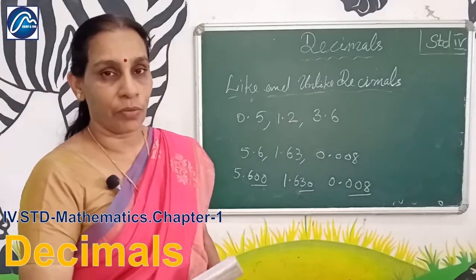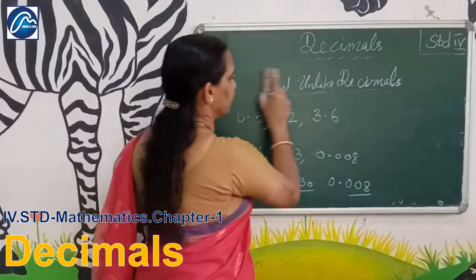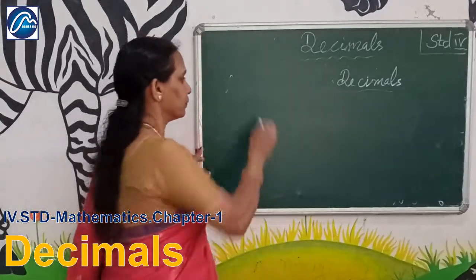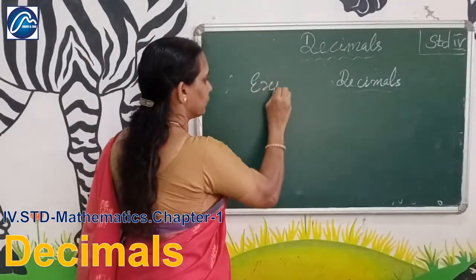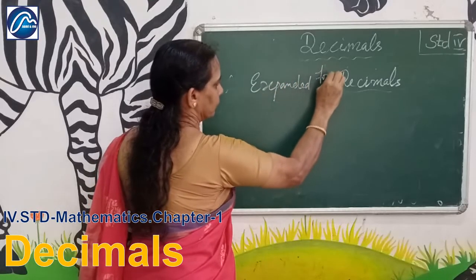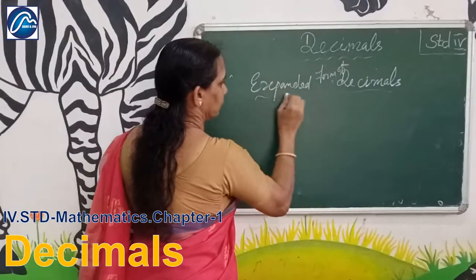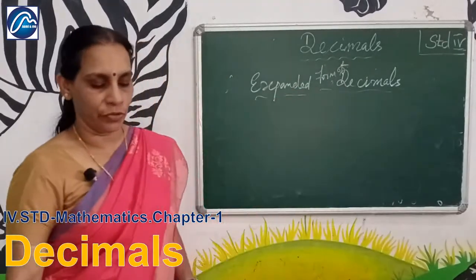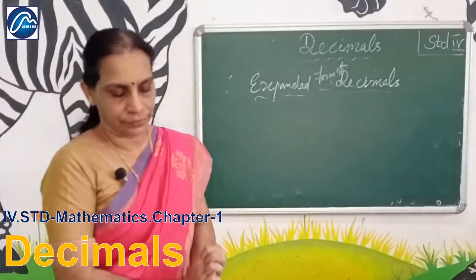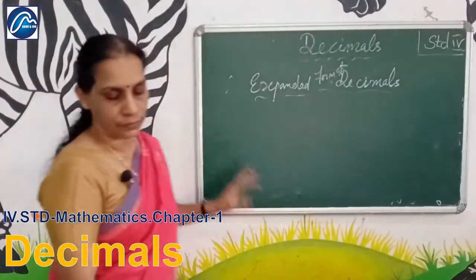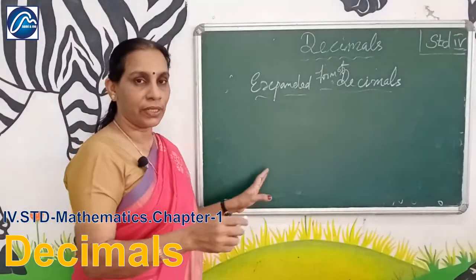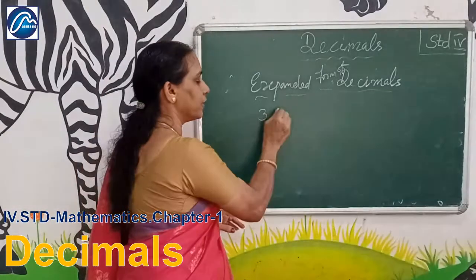Now expanded form of decimals. We know normal number में expanded form होता है 396.